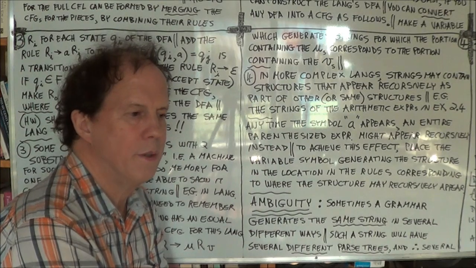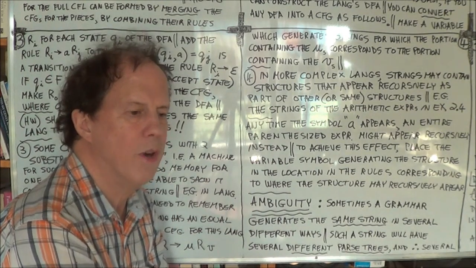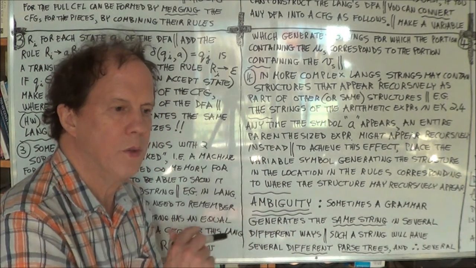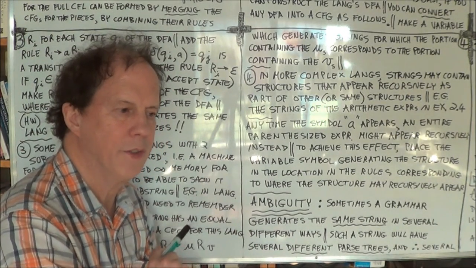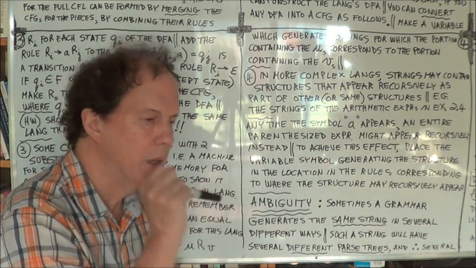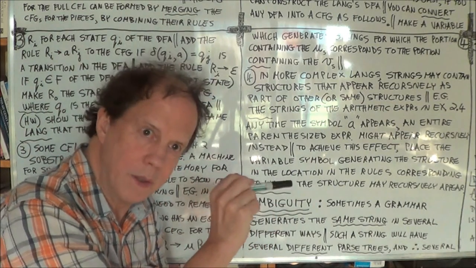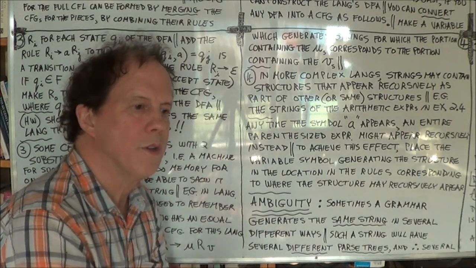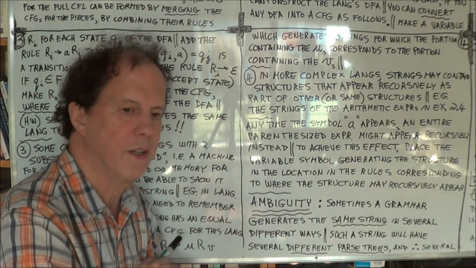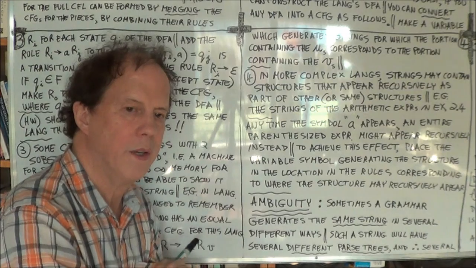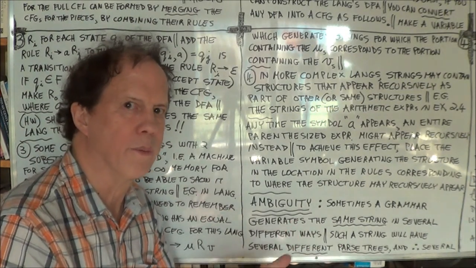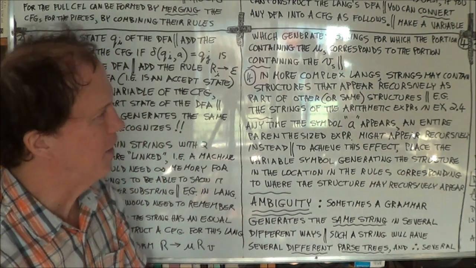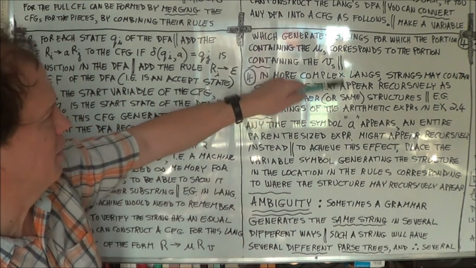What you do is, in your grammar you will allow a recursive definition to be placed in the position in your rules that would correspond to the positioning of recursion in the string that you're talking about. I don't know if that's any clearer than the way he's put it.